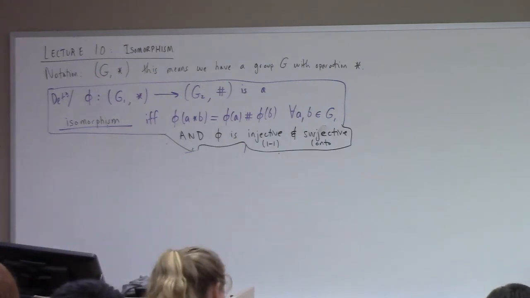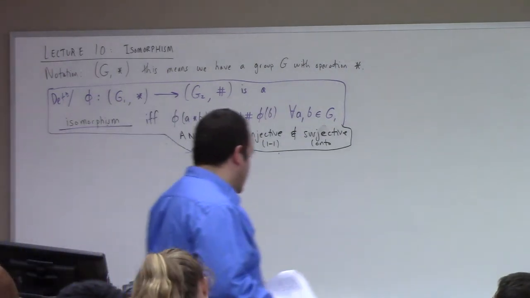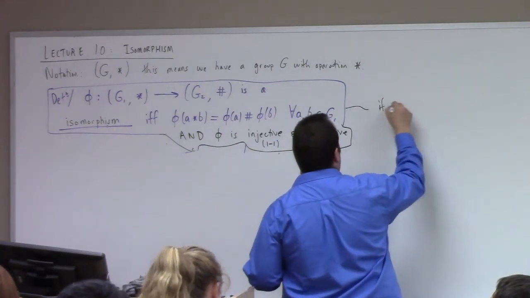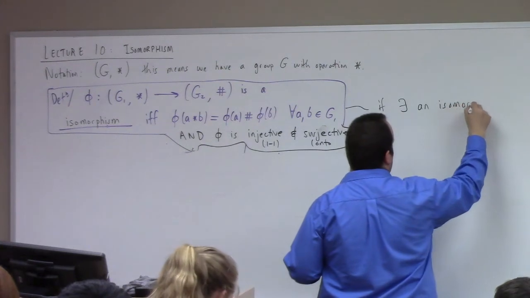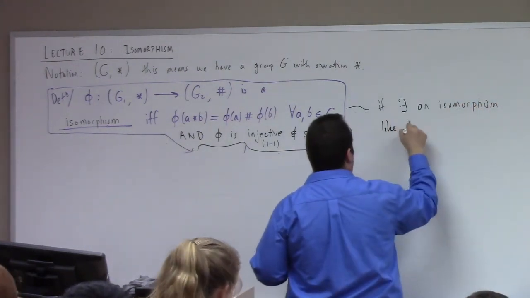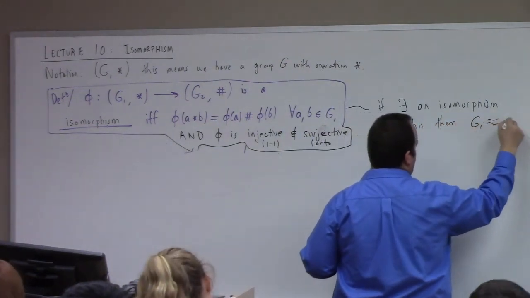So is any of these an isomorphism? By the way, while you're thinking about that, if there exists an isomorphism like this, then we say that G1 is isomorphic to G2.